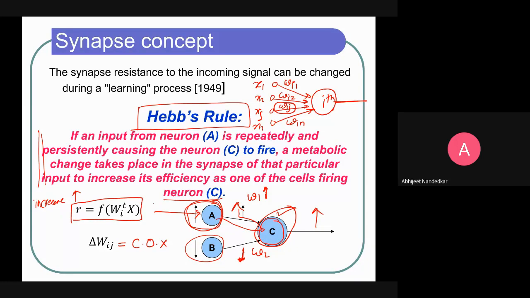Or if I write it instead in terms of the new weight, delta W is equal to c o x. This is my Hebb rule. We'll see this with an example.